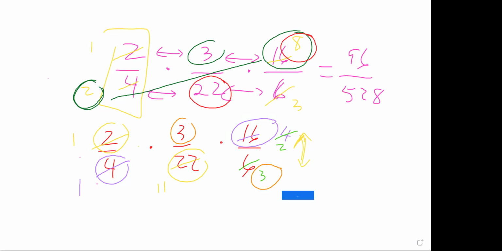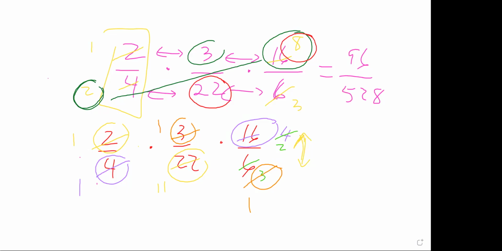That's also diagonal, right? 3 goes into 3 one time, 3 goes into 3 one time. So now on top, I've got 1, 1, 2, the numerators. In the denominator, I've got 1, 11, 1.